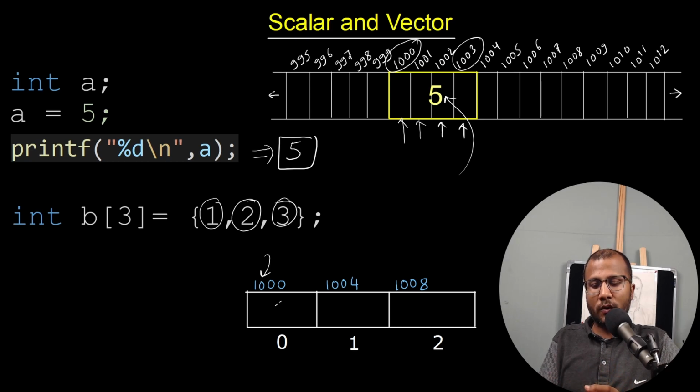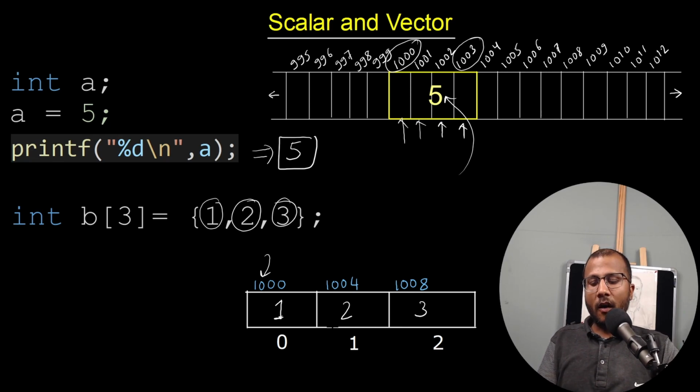I've taken 1000, 1001, 1002 and 1003, 4 bytes, because an integer occupies 4 bytes in this example. Starting at address 1004, that is 1004 to 1007, it stores the value 2. And starting from address 1008, that is 1008 to 1011, it stores the value 3.